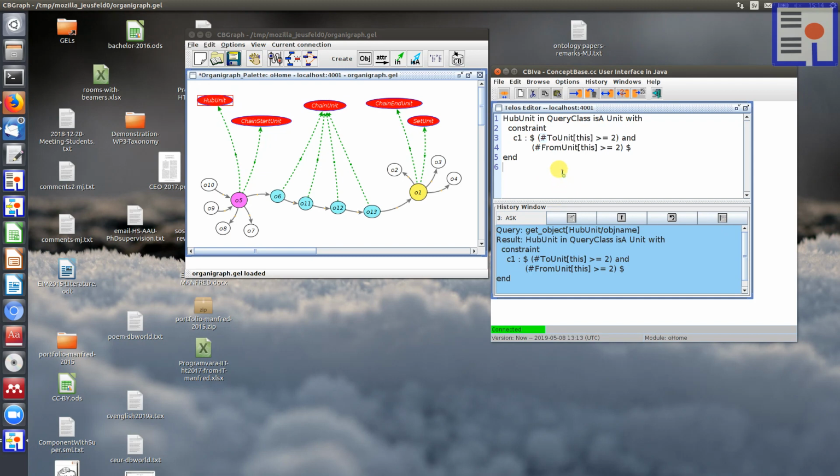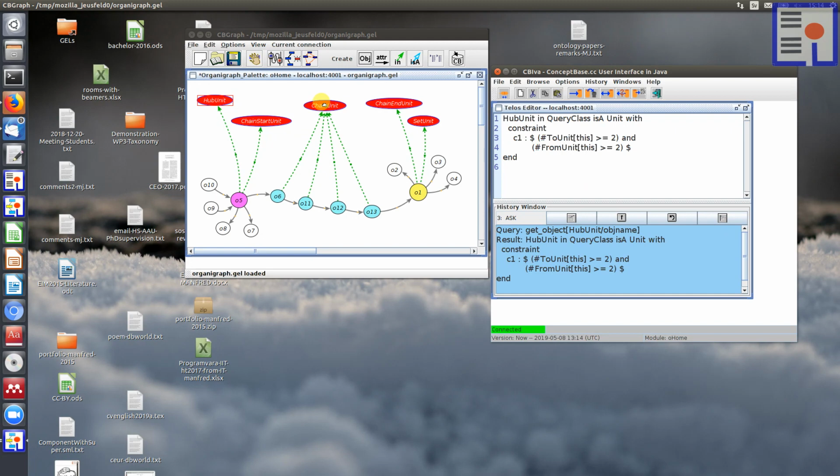So the 2 unit of this gives you all the units that get something from the given unit, and the count operator just counts how many objects you have in the answer to this query. So that will exactly do our work.